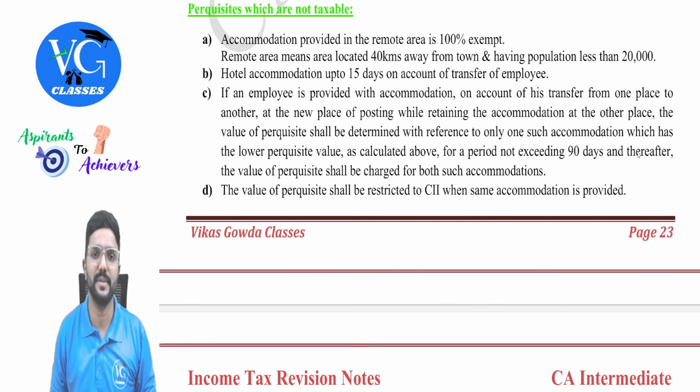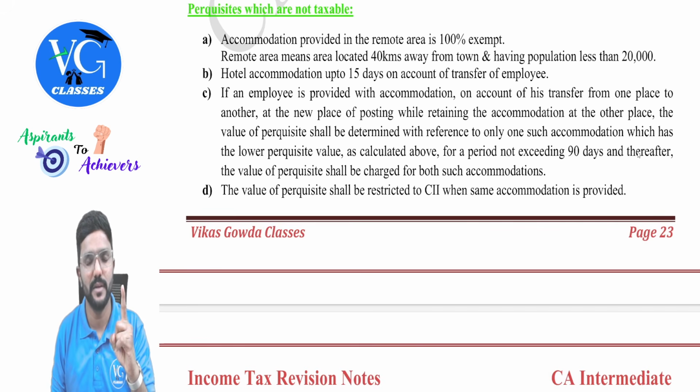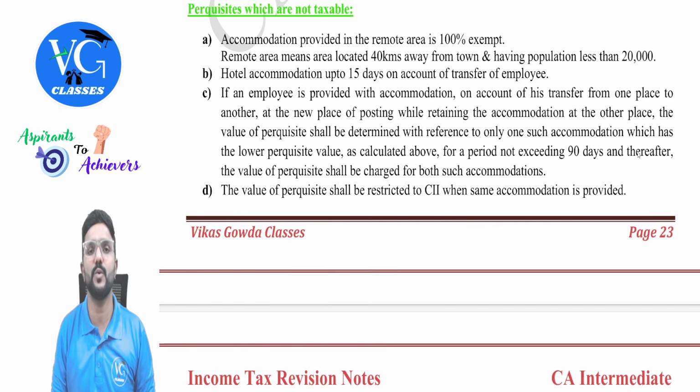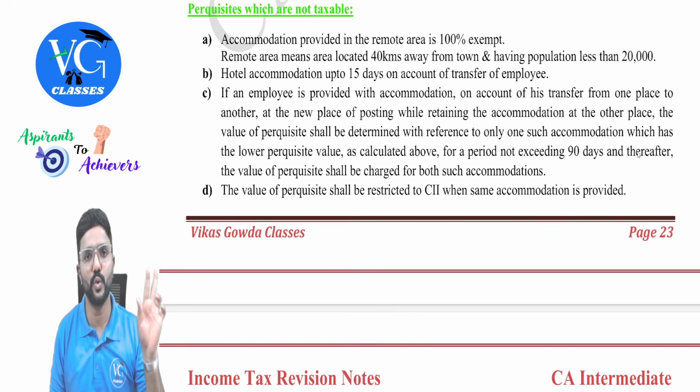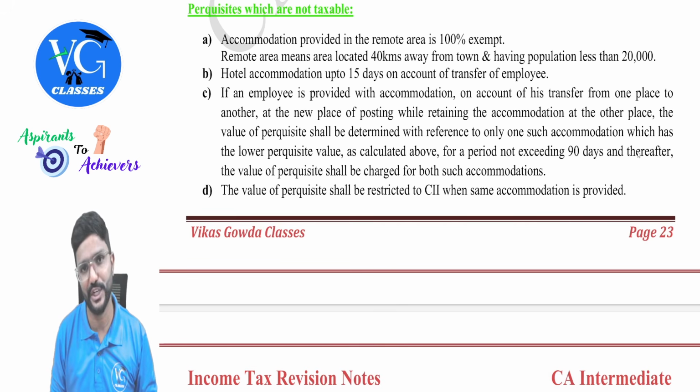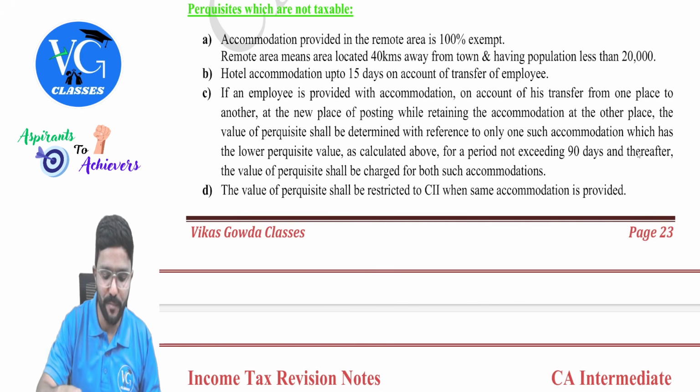Clear? So for the first 90 days, only one house will be taxable, whereas after 90 days, if the employer is still providing both houses to the employee or his family members, then both would be taxable from the 91st day, guys. Is that clear?